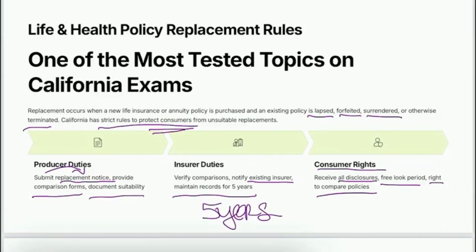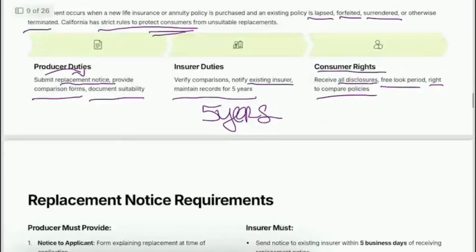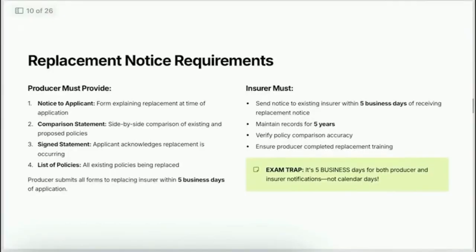So those replacement notices we were just talking about and those requirements. Producer must provide a notice to the applicant, a form explaining replacement at the time of application. Okay, when they are applying for this policy, you must give them a notice that explains the policy replacement. So notice to applicant at time of application.